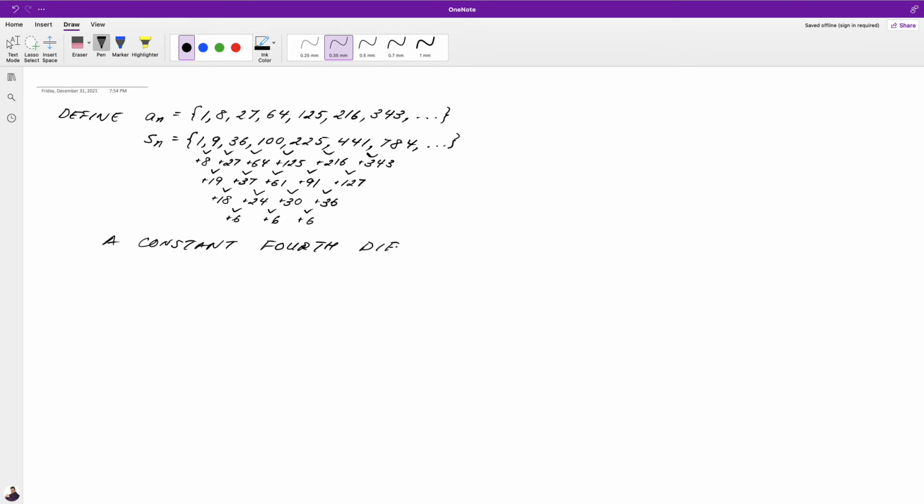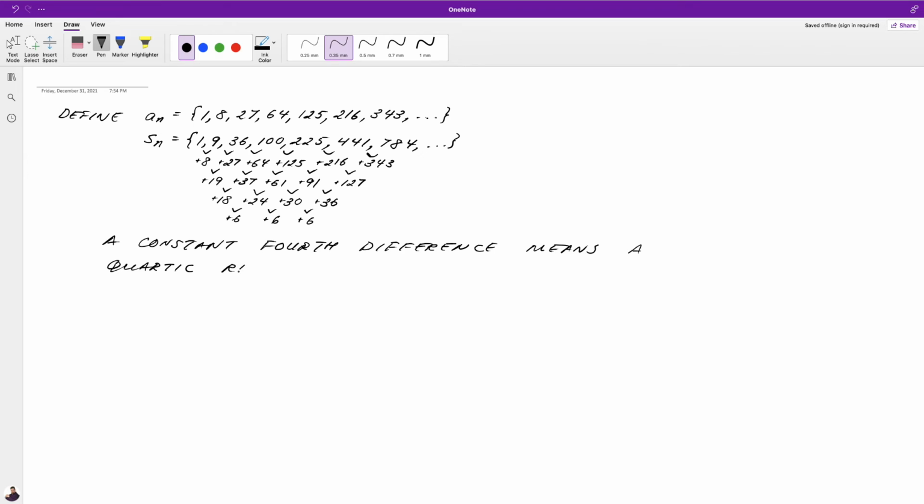If you've studied number theory or analysis, you will have been exposed to this topic. So a constant fourth difference means a quartic relationship.